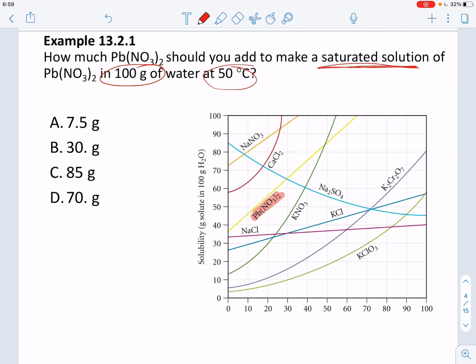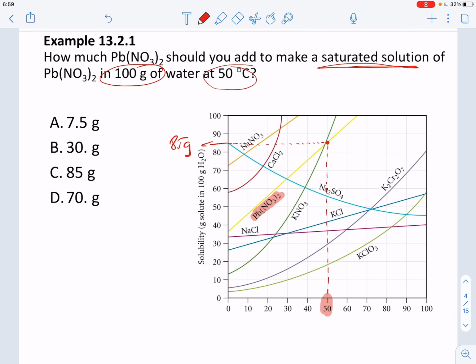So how much lead nitrate do you have to add to saturate a solution containing 100 grams of water? Where do we start? Well, we start at 50 degrees, right? And 50 degrees is right here. So we go up on that 50 degrees until we connect with the curve. And if we extend the curve to the other axis, this should be approximately 85 grams.